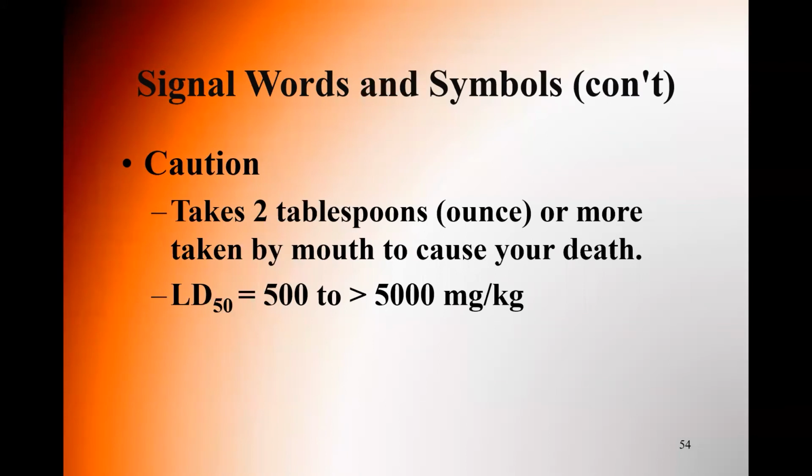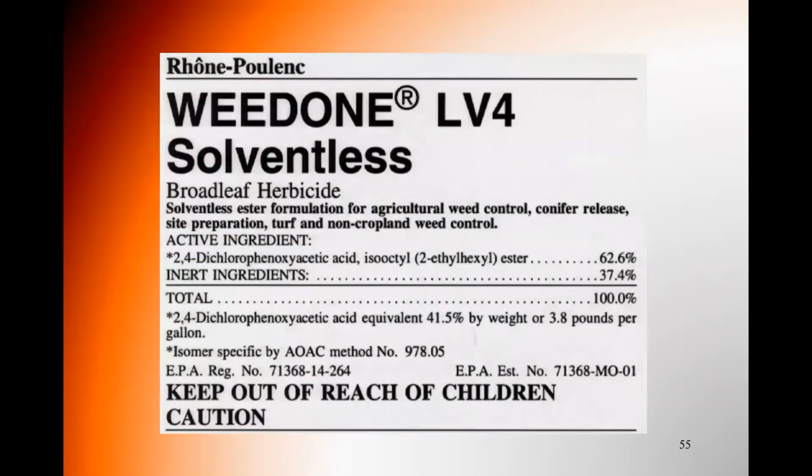And I was wrong, it was 5,000 milligrams per kilogram, not 2,500. Once we get over 5,000, that's where they stop. It could be 10,000 or 20,000, but they're only going to put 5,000 on most of them, because after that, it's down to minor.